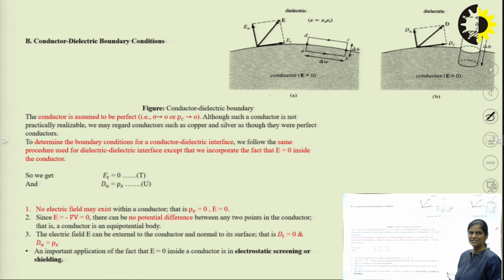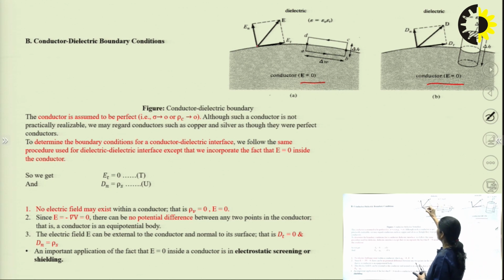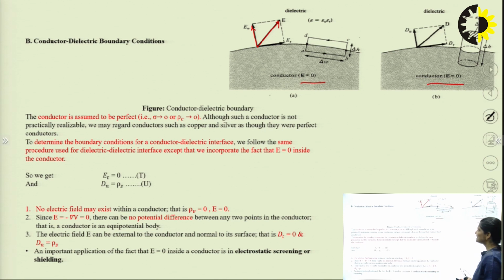Now the second boundary condition, for the conductor dielectric boundary. Let's say you have a conductor where E is equal to 0 here, and this is your dielectric. So this is En on the y-axis and Et on the x-axis. The resultant of En and Et is equal to E. Let's consider this surface ABCD.